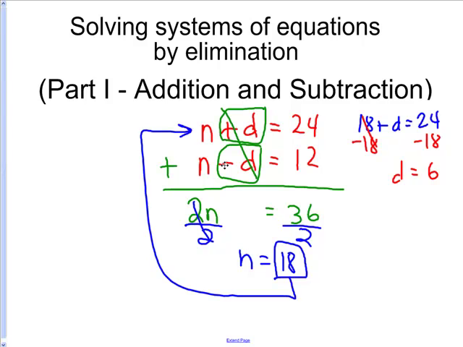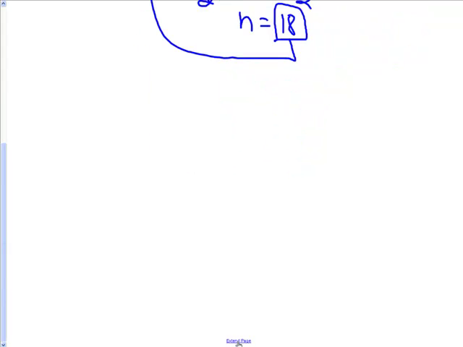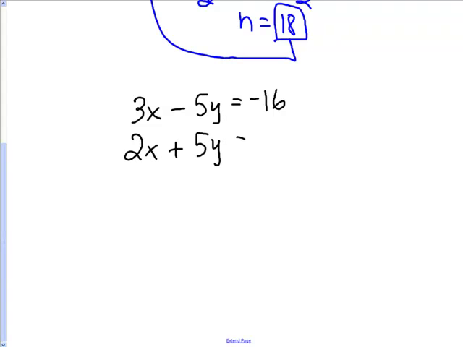So let's see how we do this for systems of linear equations, or equations that represent lines. Let's look at this example. 3x minus 5y equals negative 16, and 2x plus 5y equals 31.